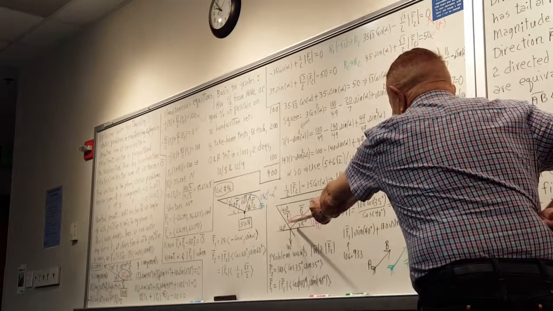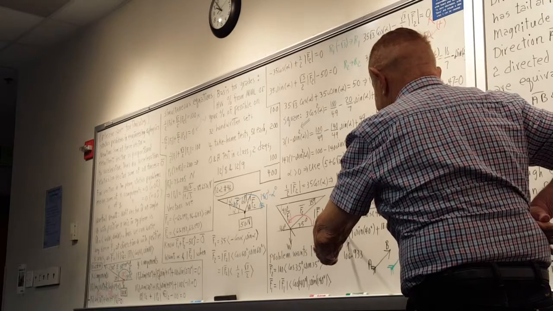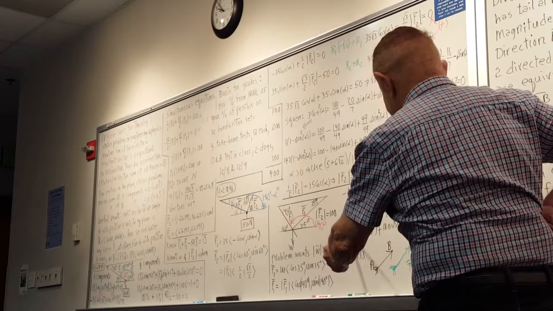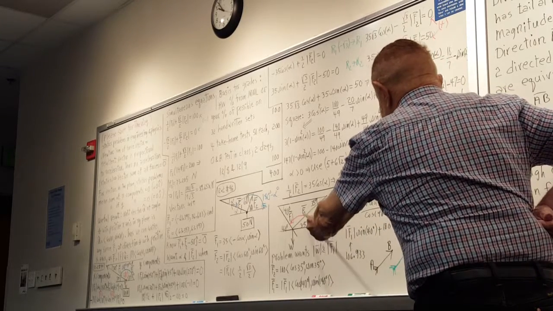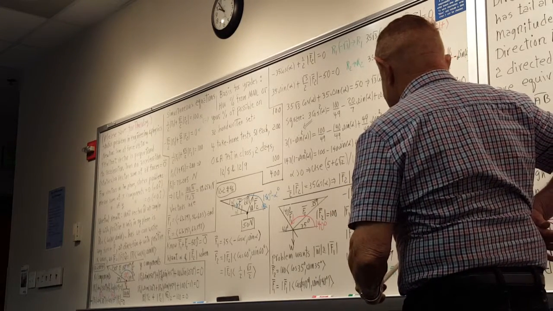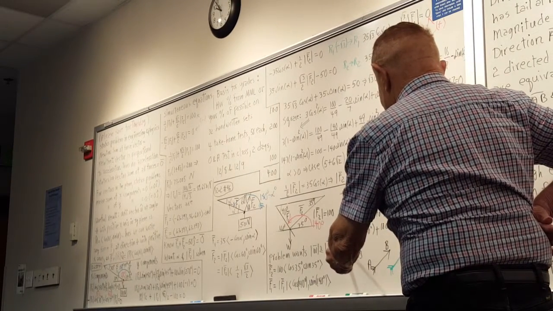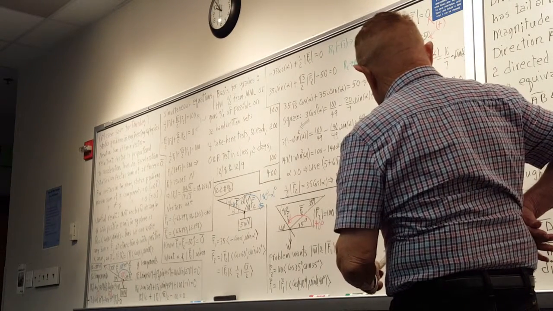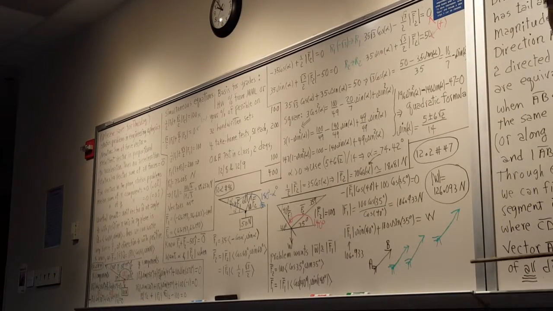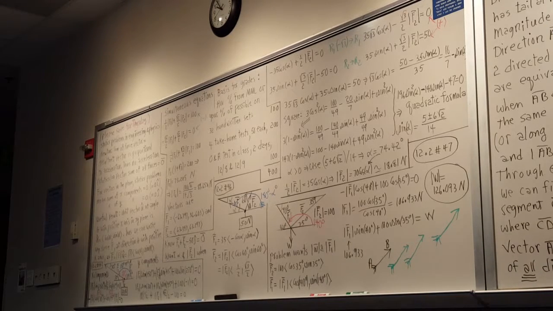Then separately on the verticals, you have the magnitude F1 sine 40, and now you know this number goes there, plus the 100 sine of 35 degrees, and then that's the W. And so you put in your number here and do your work, and you get this. So as I said, the third one is comparatively easy. Of the three problems, I think the hardest one is the second one there, and the hardest part of it is actually solving the trigonometric equation.